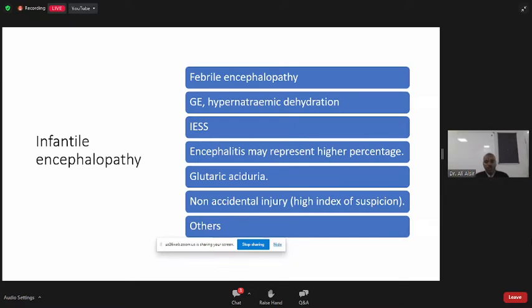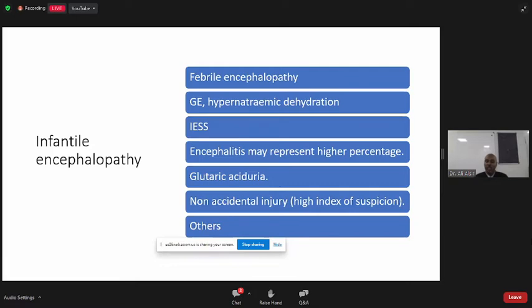Without any further talk about neonatal encephalopathy, we can move forward to infantile encephalopathy. Infantile encephalopathy, I think, is also a common age for encephalopathy, and we do see a lot of patients during the infantile period come to the emergency with encephalopathy, alteration in the level of consciousness and brain dysfunction.